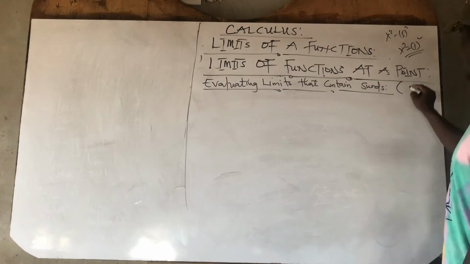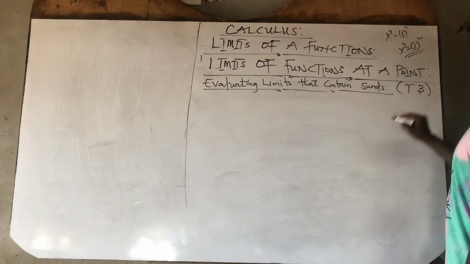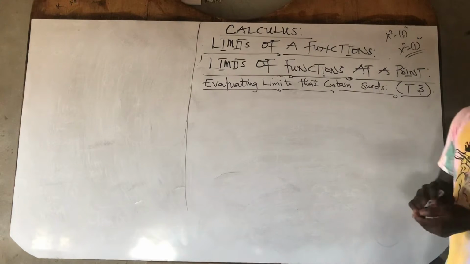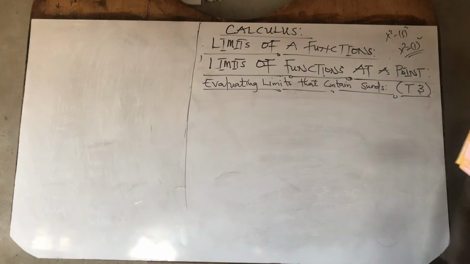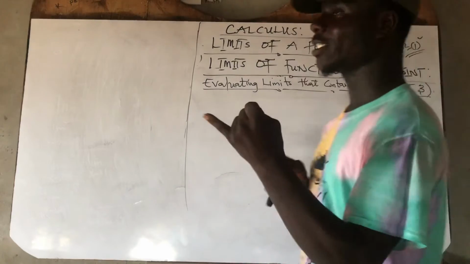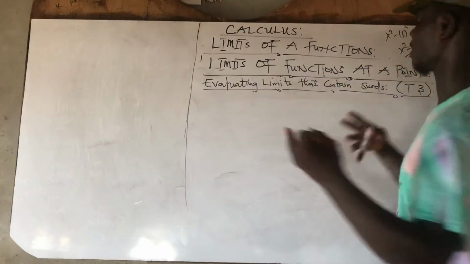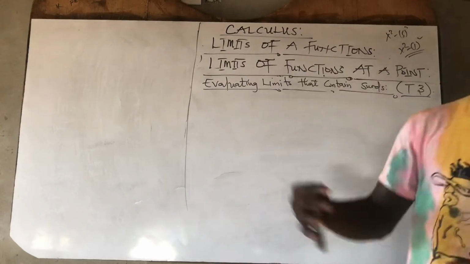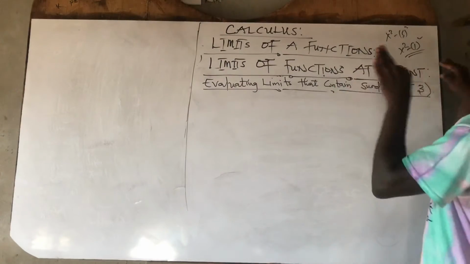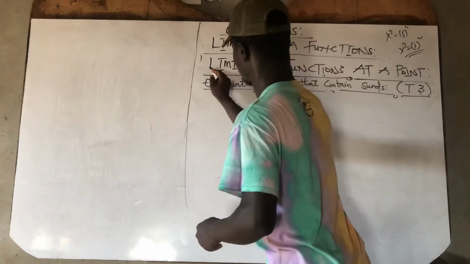So this one is type what? 3. That's the type 3. So we've done type 1, we've done type 2. So type 1 is direct substitution. Type 2, indeterminate forms of limits. Then type 3, it contains what? Surds. So limits of functions at a point.